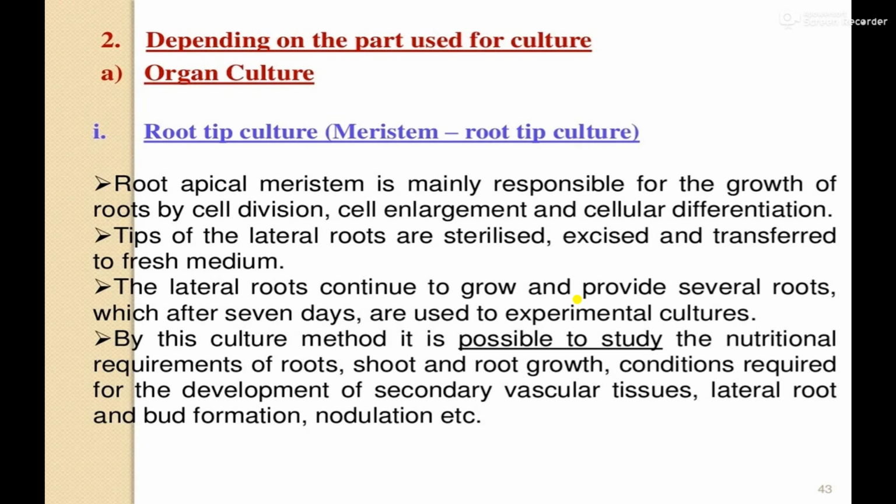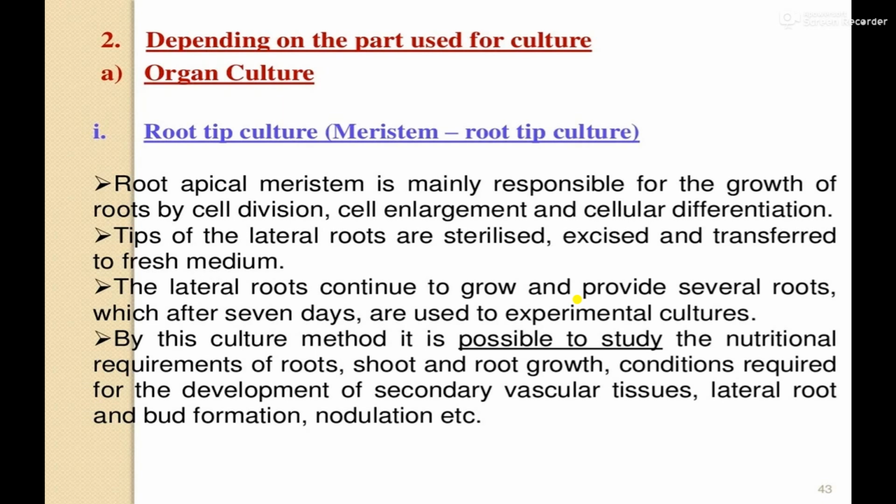In root tip culture, root apical meristem is mainly responsible for the growth of roots by cell divisions, cell enlargement, and cellular differentiation. Tips of the lateral roots are sterilized, excised, and transferred to fresh medium. The lateral roots continue to grow and provide several roots which after 7 days are used for experimental cultures.